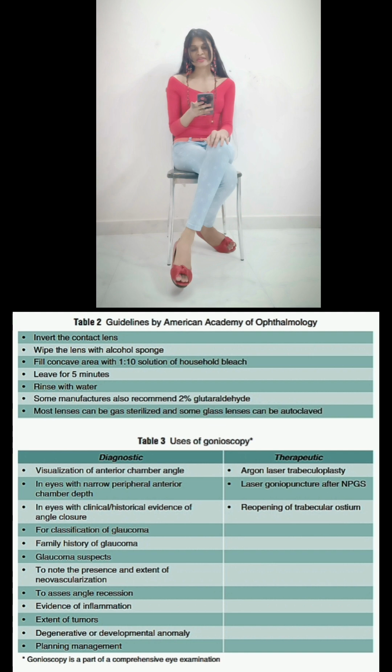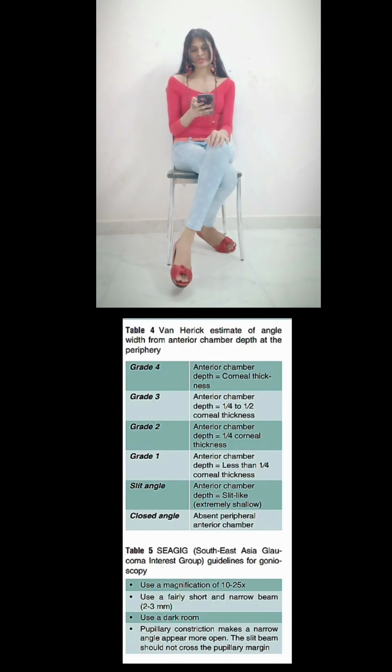Table 4, Van Herick estimate of angle width from anterior chamber depth at the periphery, grade 4, 3, 2, 1. Slit angle and closed angle. Grade 4 is open. Now, how is the depth assessed? Anterior chamber depth is compared with the corneal thickness, and it is similar in grade 4. Grade 3 is anterior chamber depth equal to 1/4 to half of corneal thickness.